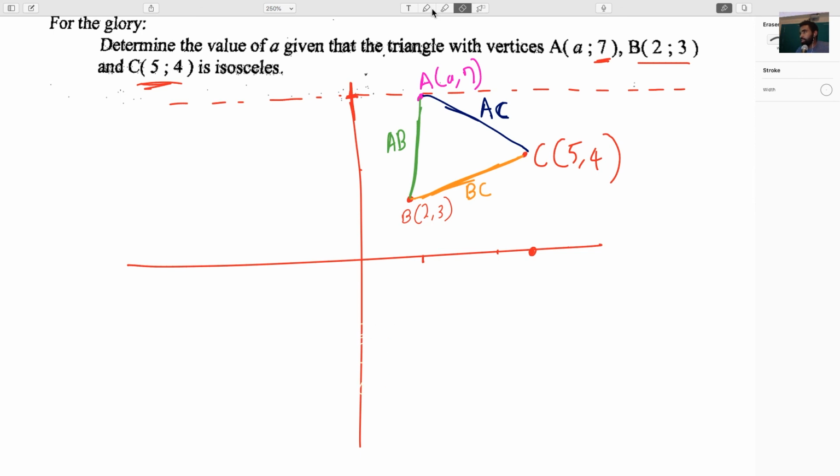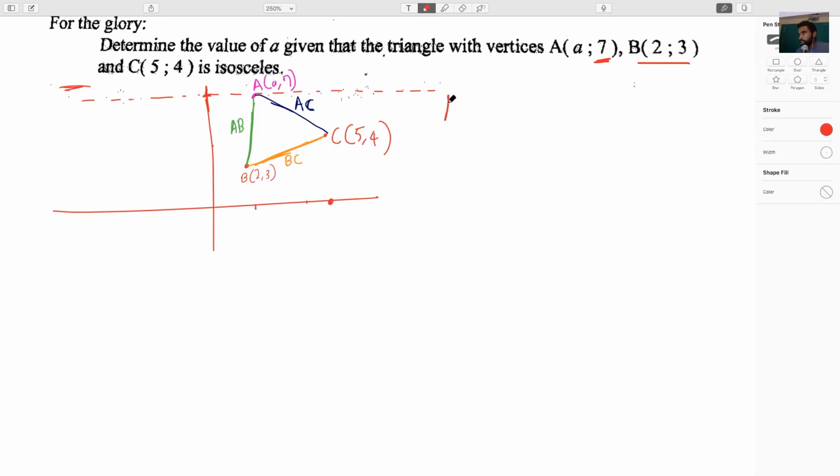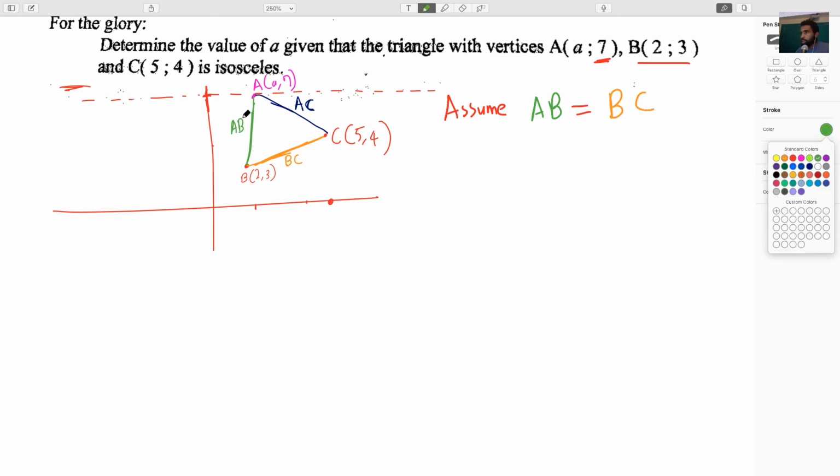Just to start out, let's assume that AB is equal to BC and see what happens. If AB is equal to BC, we need to calculate the distance AB.